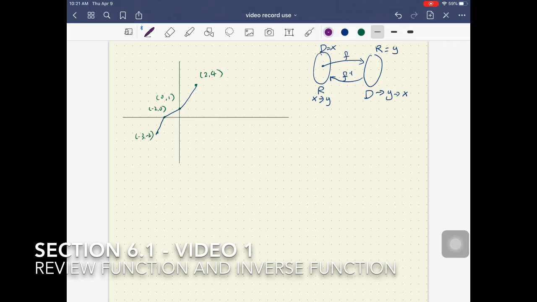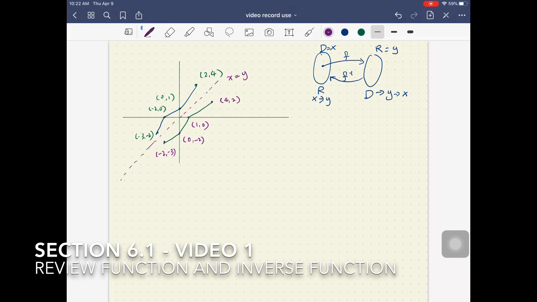And my new points, by switching them, are 4, 2, 1, 0, 0, negative 2, and then negative 2, negative 3. By drawing it nicely, hopefully what we see is that the two functions are symmetric with respect to the line x equals y.